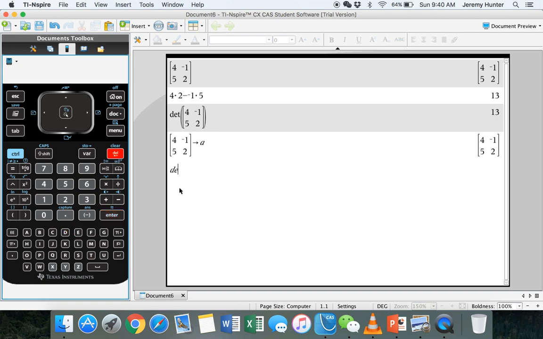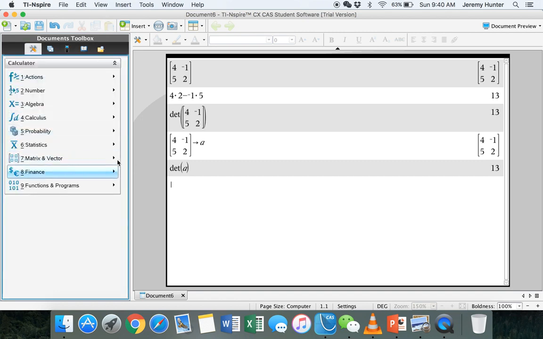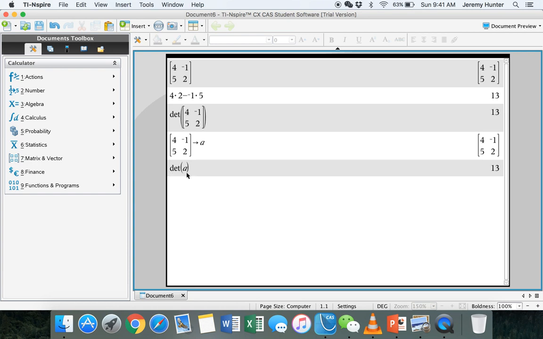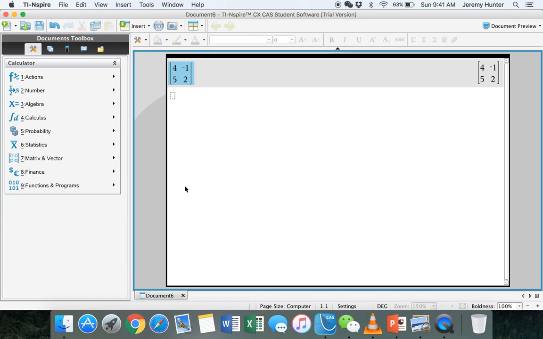Once it's not italics, it means it's something. We can put A there, and it will use that matrix to work out the determinant, which is 13. So you could do it in your head or on the calculator, by going menu 7.3, which is determinant, or you can just write det bracket and then put the matrix in. And that will get you the determinant.